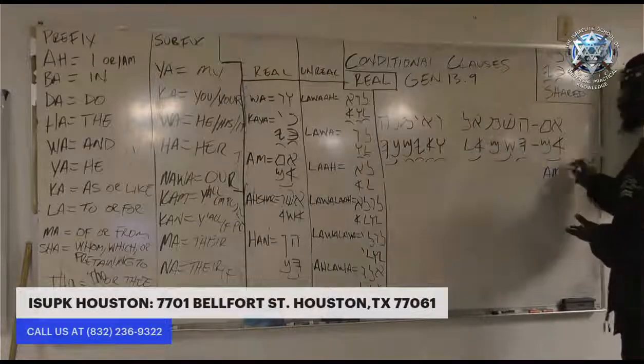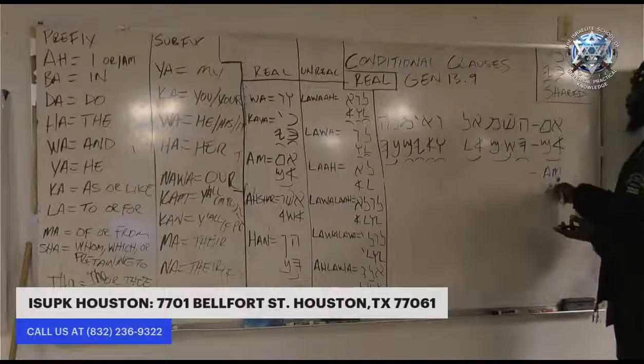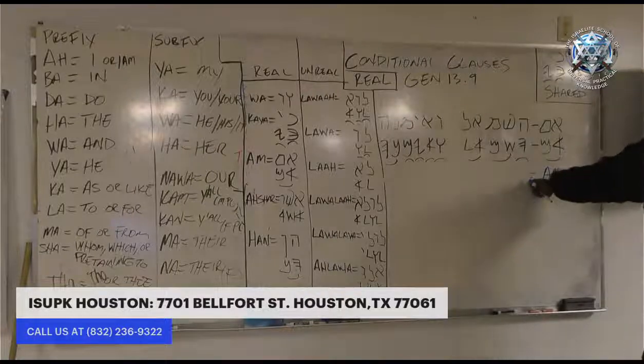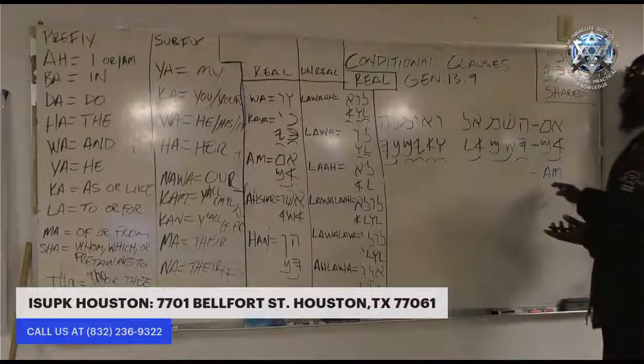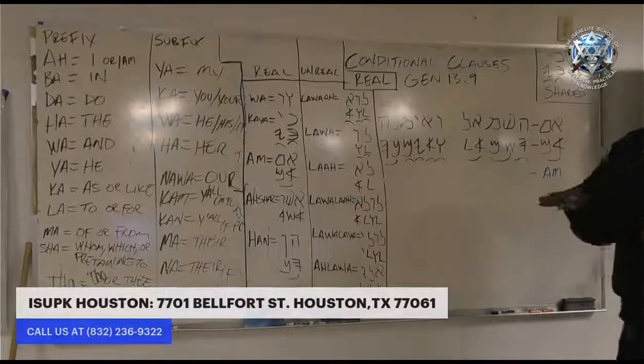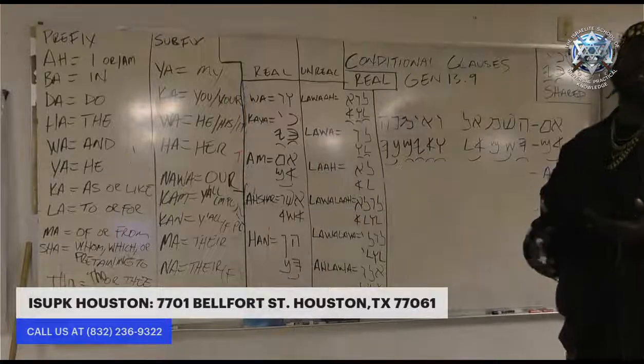So we have a conditional clause followed by a juxtaposition, which is this dash. What does that mean? That means that this word and this word are in close proximity, in close relation to one another.